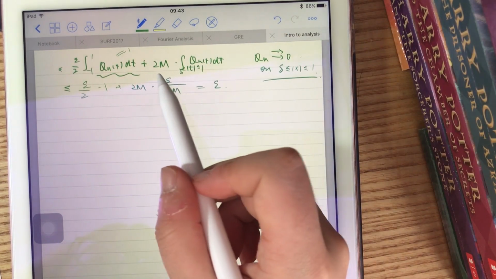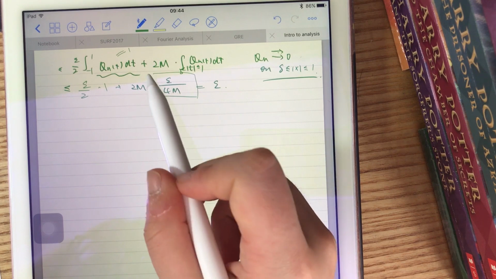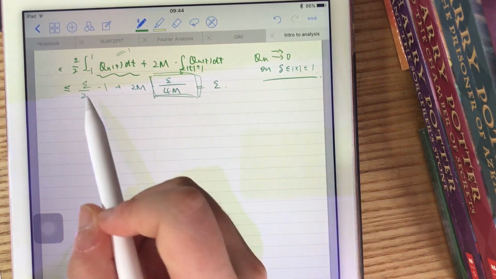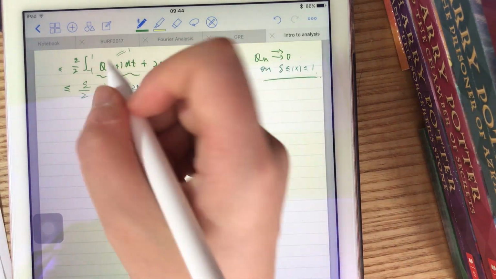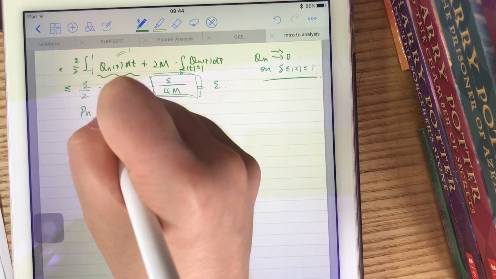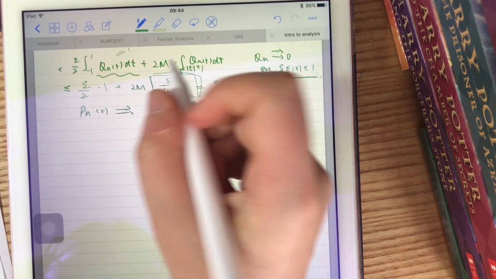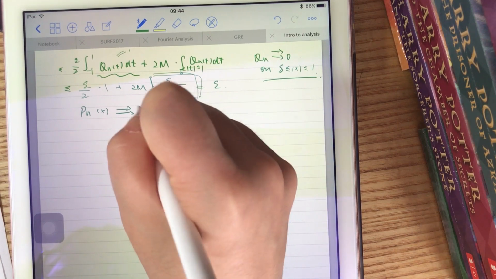So we can have such a thing. Okay, so we proved that Pn(x) is uniformly convergent to f(x), right?